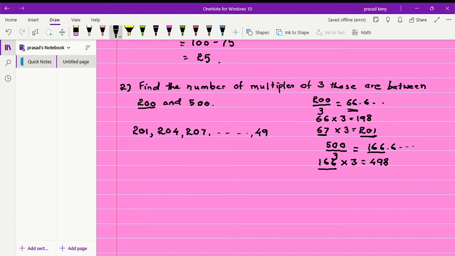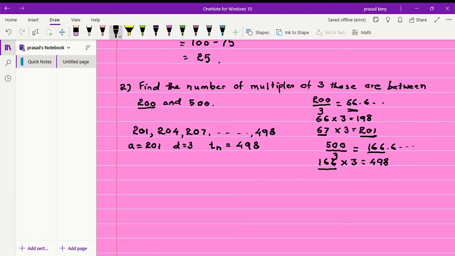So as you can see here, you get an arithmetic progression with a equal to 201. Now because the multiples of 3 increase by 3 each, d will be 3, and in this case the nth term Tn will be 498.